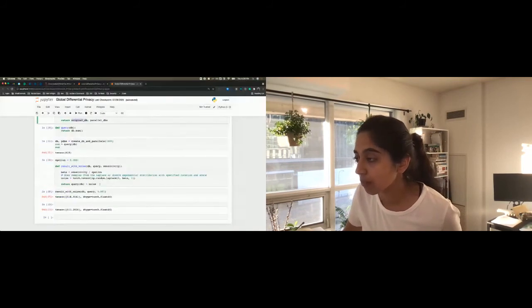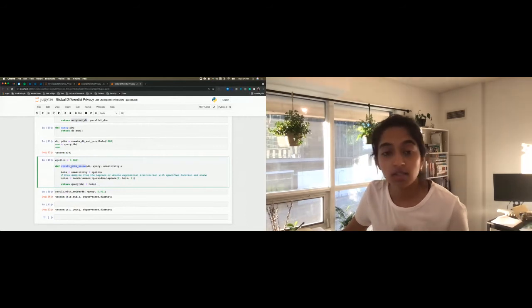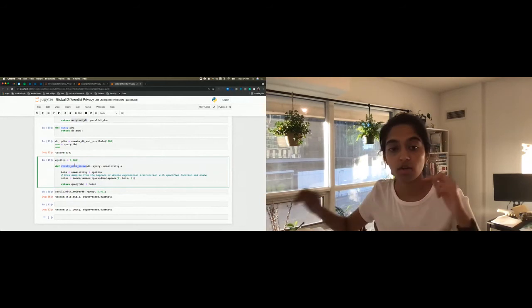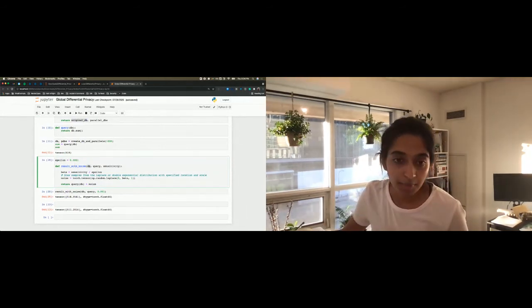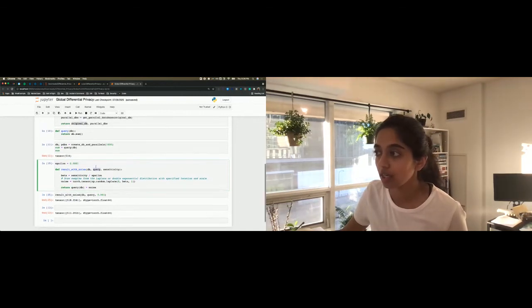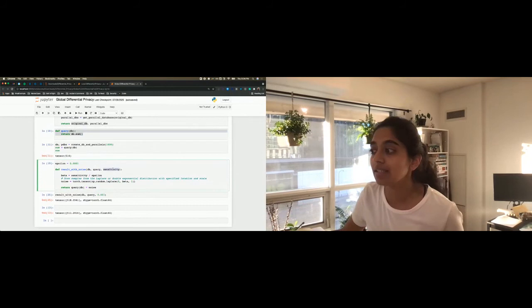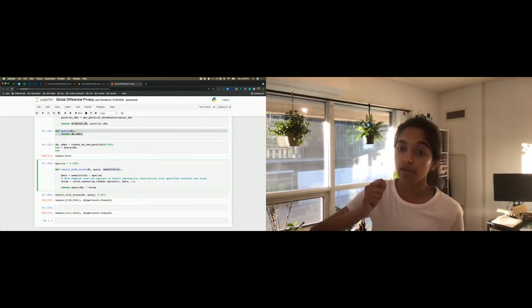Yeah, so this is the part of the code that we're actually interested in. This is the interface that you're interacting with. This entire method, pretend that it is the interface. It has access to the database, the query, which in this case would be the sum of all of the numbers in the database, and the sensitivity. The sensitivity, you can think of as the amount of noise that you want to have.